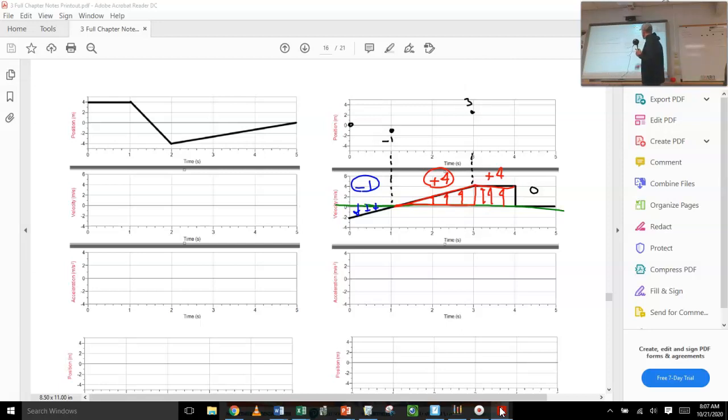Then I change another 4, so I'm up here at 7. And then I change 0, so I stay here at 7. Now I connect my lines with my concavity. This is a positive slope, so it's concave up, or a happy face. Another positive slope, so it's also a happy face, or concave up. Diagonal line, constant velocity.